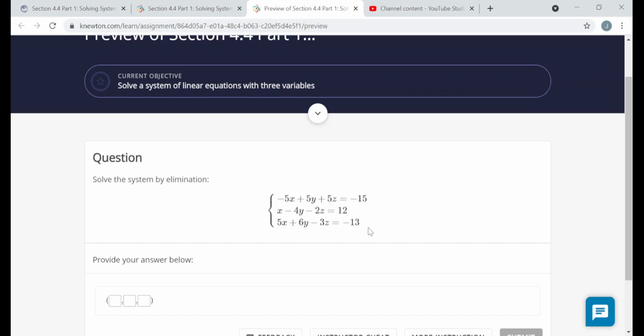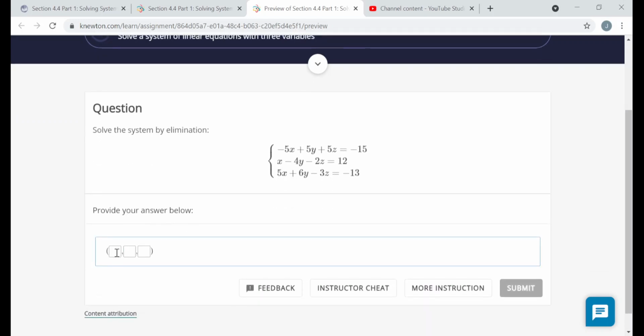Right? And what we're trying to do is find a value of x, a value of y, and a value of z that solve the system, that satisfy all 3 equations at the same time, right? Not just 1 or 2 of them, but all 3.